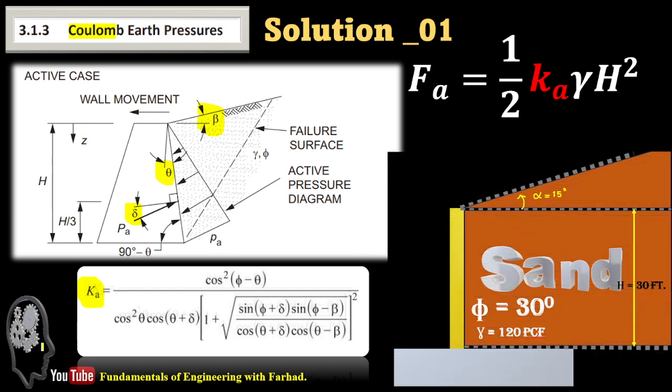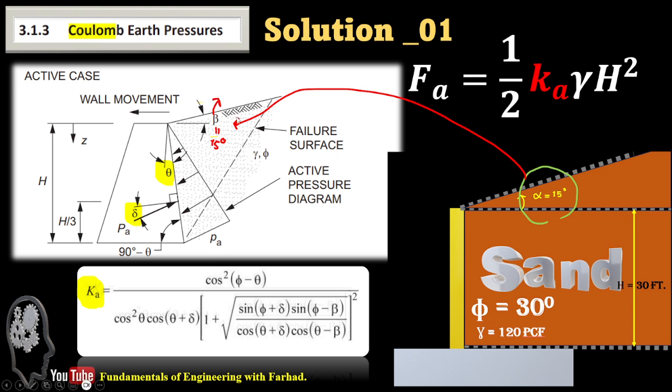So this is our problem. You can easily see this is our beta, so it simply says our beta is equal to 15 degrees. Let's see what the names are.